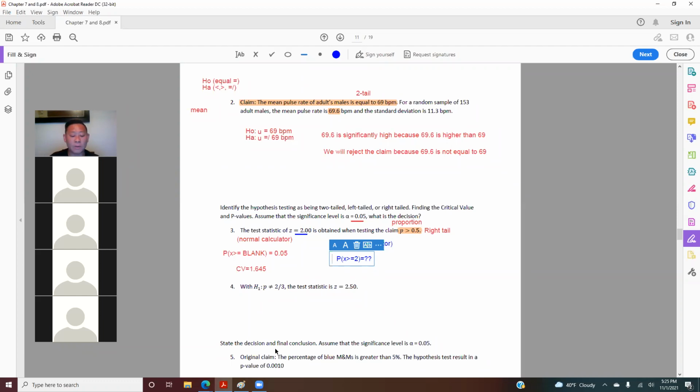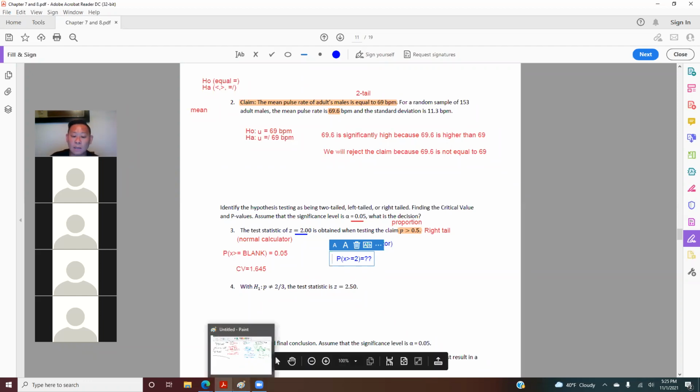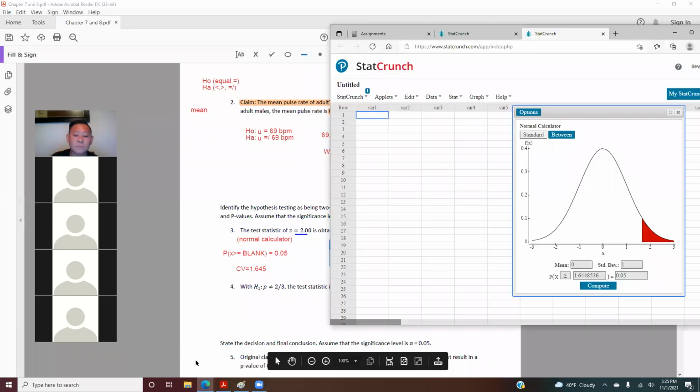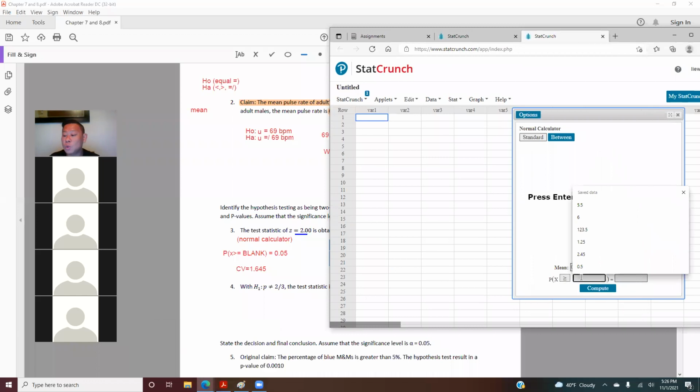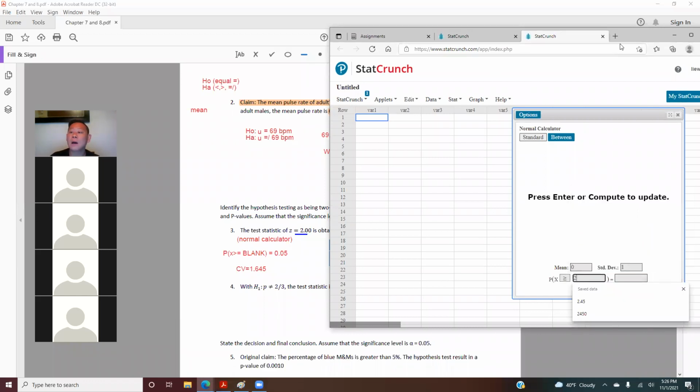That is your p-value here. Now you go to your StatCrunch. We're still using the normal calculator, still 0, 1. Now we put 2 in here. The 2 comes from the z-score given to us, and then you hit compute.